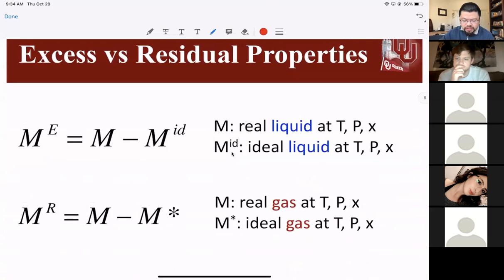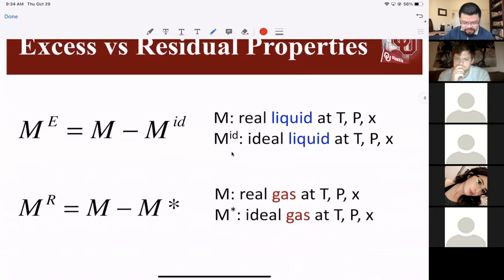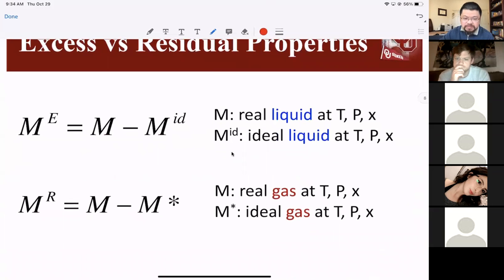So moving forward, I have this slide which I've explained, to keep in comparison when we are dealing with the liquid phase. Then I hope you think of the excess property. We try to understand the difference. We are always interested in the reference and try to understand the deviation from one to the other. So this is why we have the real liquid, the ideal liquid, the real gas, and the ideal gas.